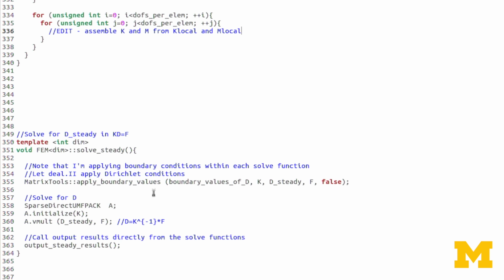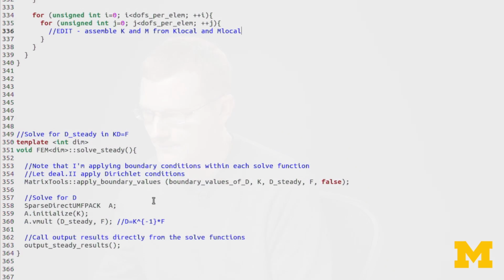The solve steady function acts very similar to the solve functions in previous assignments. The small difference is that instead of applying our boundary conditions within the assemble system function, I've shifted it down to solve steady, okay?